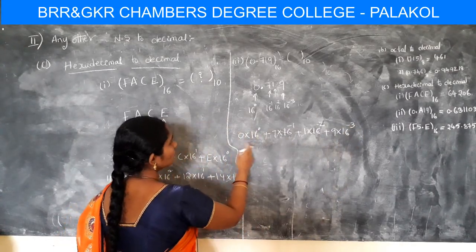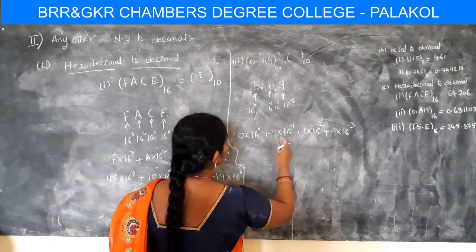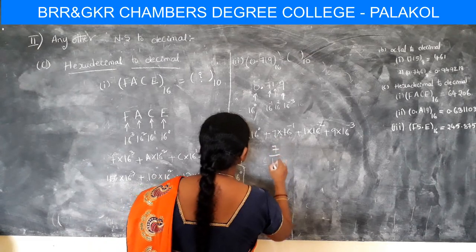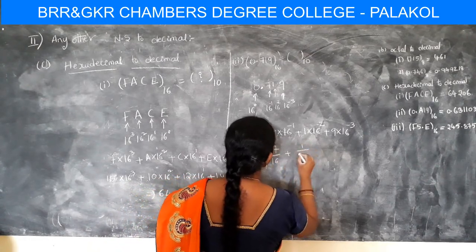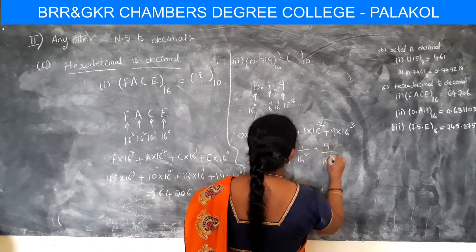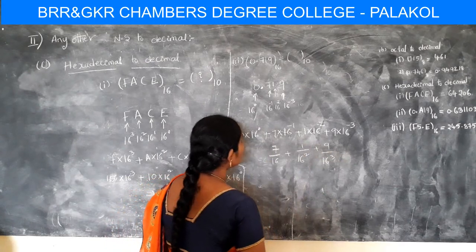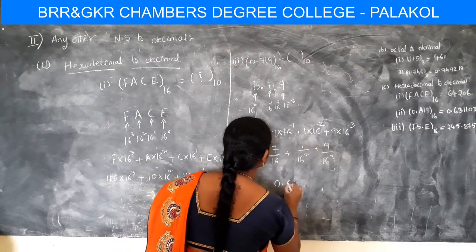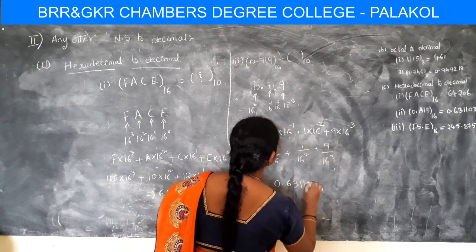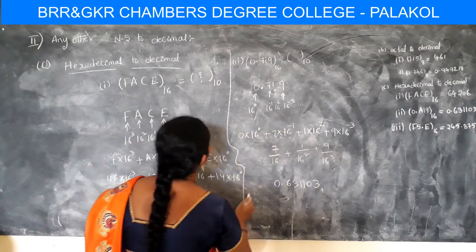So it is 0, then 7 by 16 plus 1 by 16 square plus 9 by 16 cube. We have to simplify this. So the final answer is 0.631103.